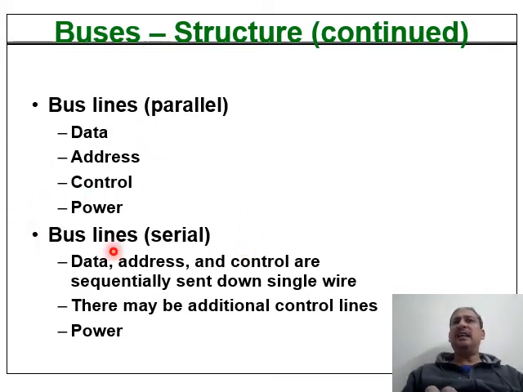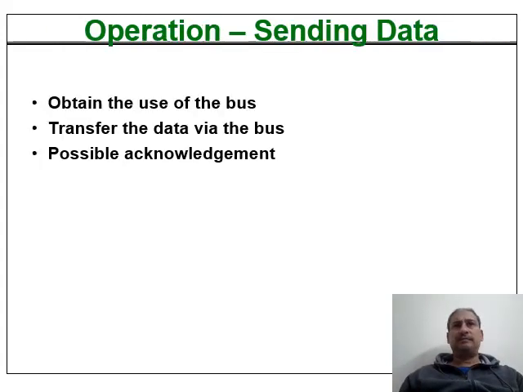If we have serial buses, if we are performing serial input output, we don't actually need these three types of lines. In this case, data, address and control usually travel on a single wire sequentially. I can send the address first, then the control information, and finally the data. Power lines obviously will be different.